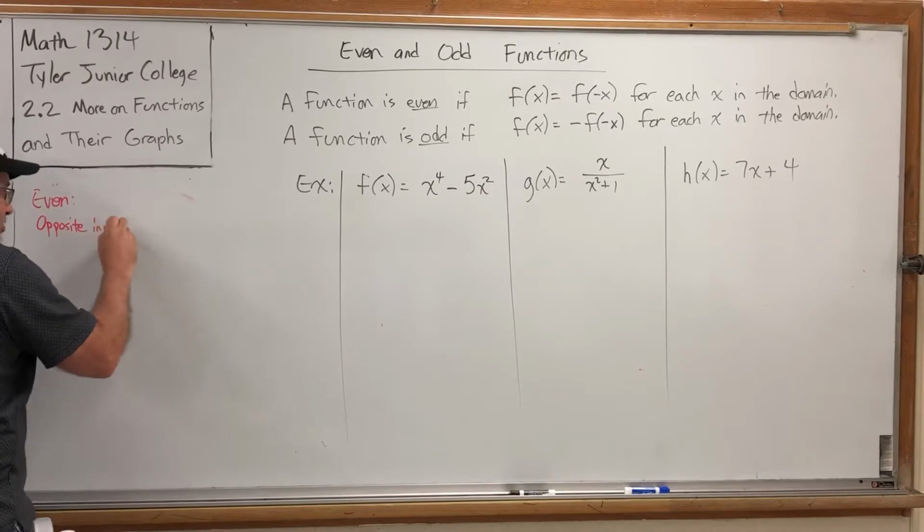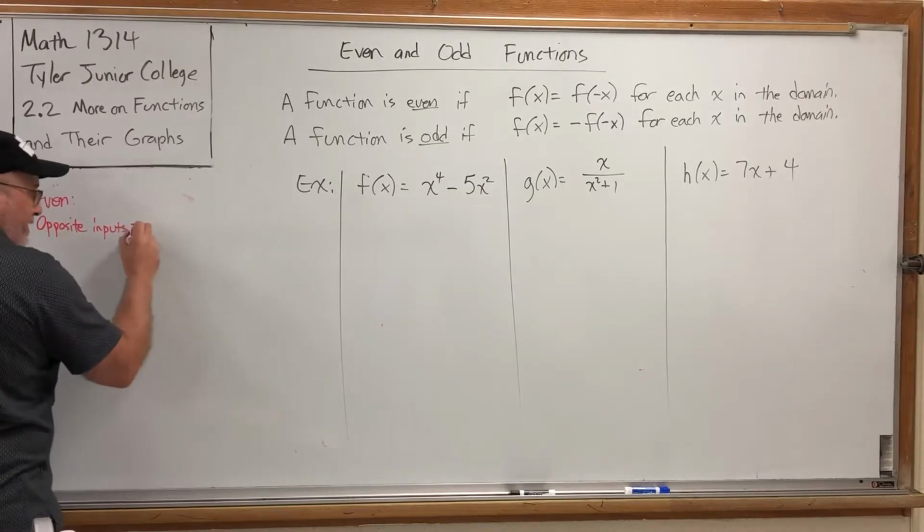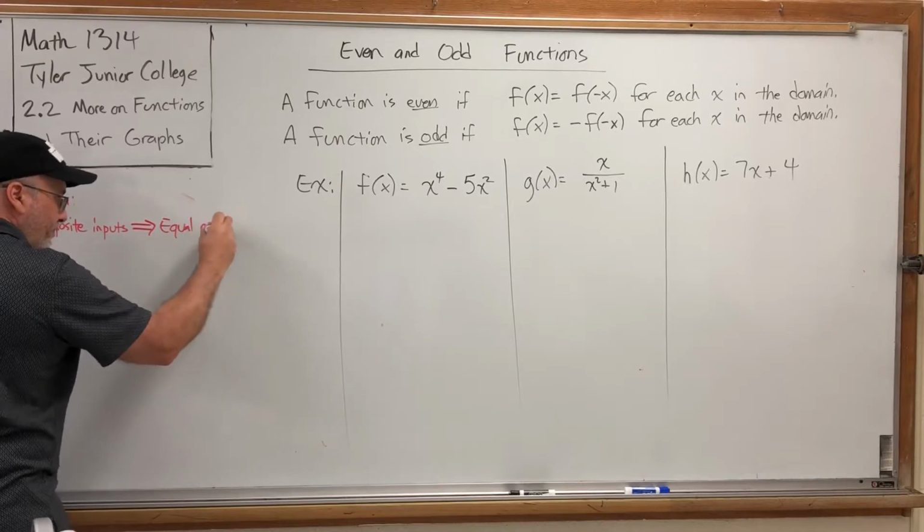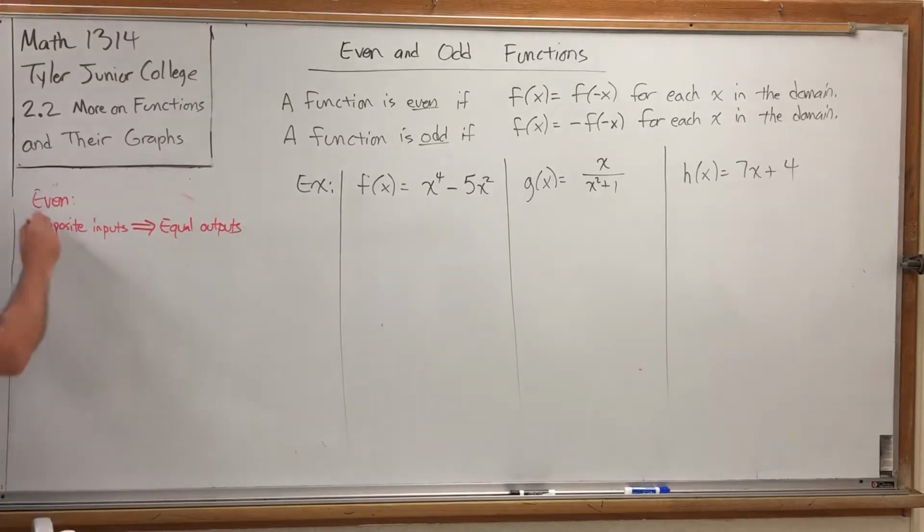So the same numbers, except one is positive, one is negative, implies equal outputs. Where an odd function, opposite inputs, implies opposite outputs.